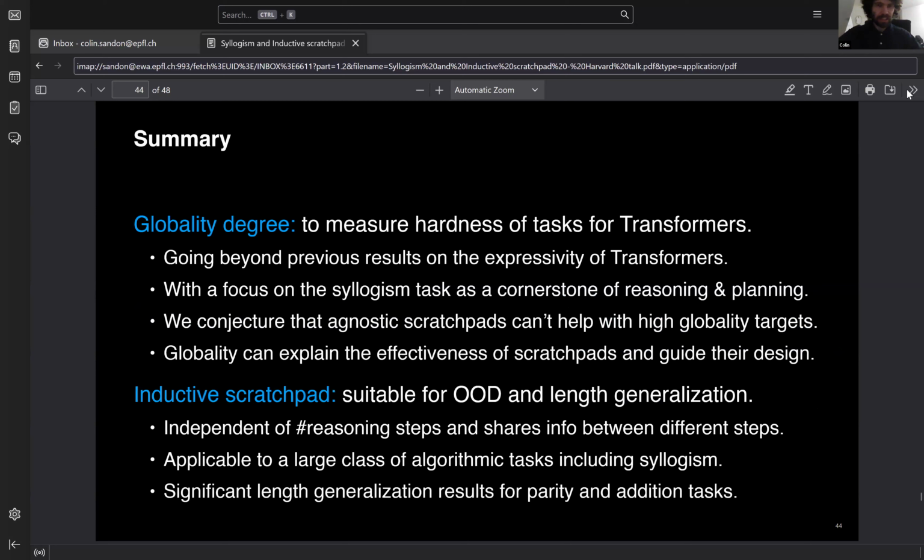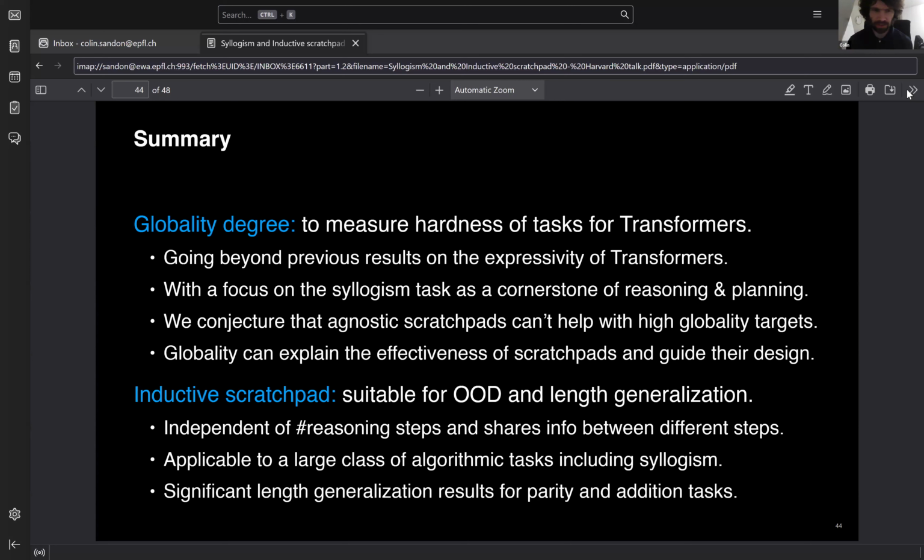So in summary, we define the idea of globality degree to measure the difficulty of learning a given task with a transformer. We conjecture that for tasks with high globality degree, we can't learn them with a transformer, and an agnostic scratchpad isn't going to help.